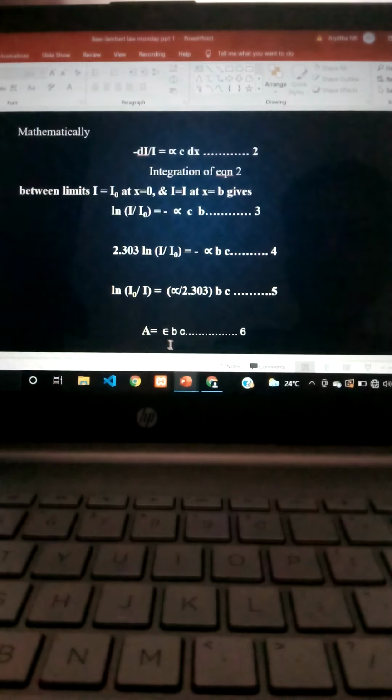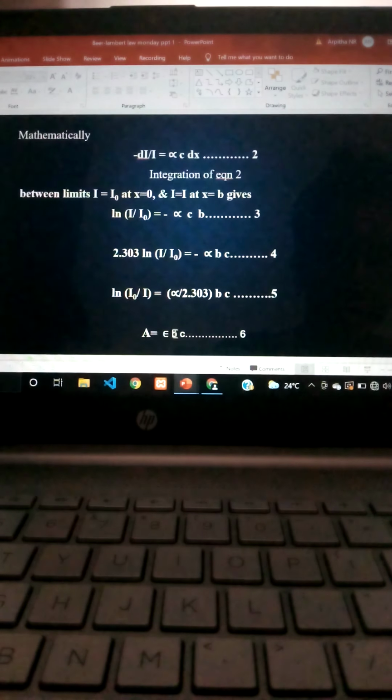So finally equation 5 becomes A is equal to epsilon b into c. This is equation 6. Here A is called absorbance and epsilon is called the absorption coefficient.